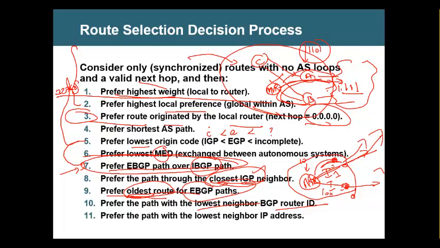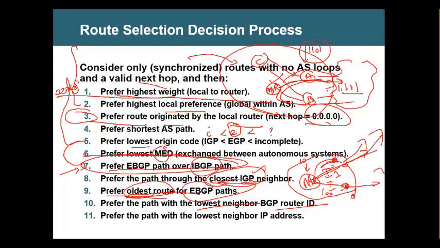The other way of advertising is redistribution. But there is also another way for BGP. BGP can learn from its older version called EGP. So it's totally different. The routing protocol BGP has an older version called EGP.